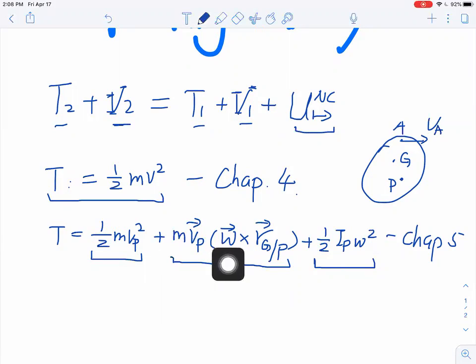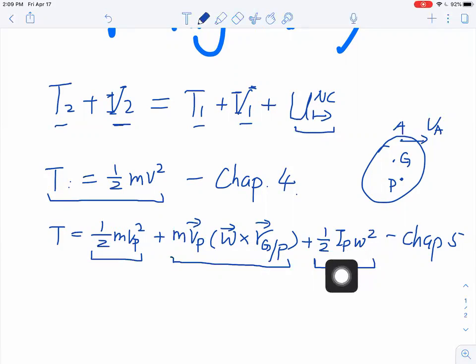In chapter 2, we learned that for a rigid body, there is only one angular acceleration and one angular velocity. And rG/P, rG with respect to P, is a position vector pointing from P to G, the mass center, plus 1/2 IP omega squared.